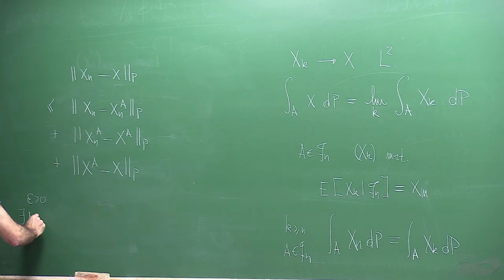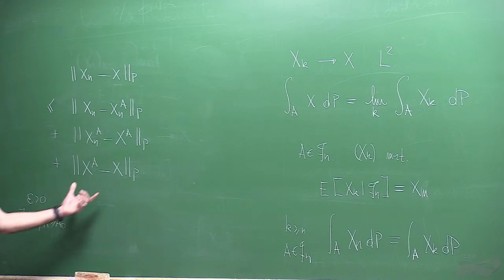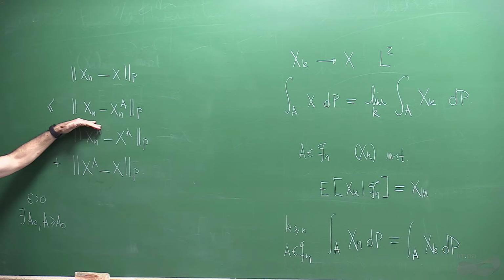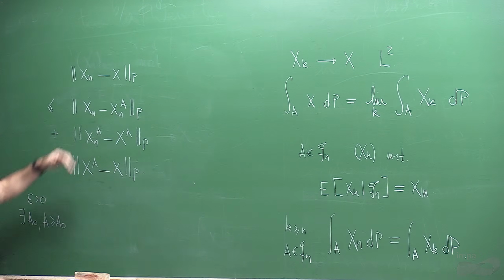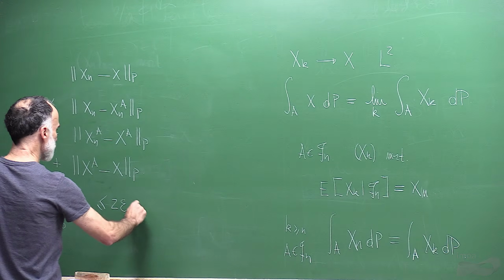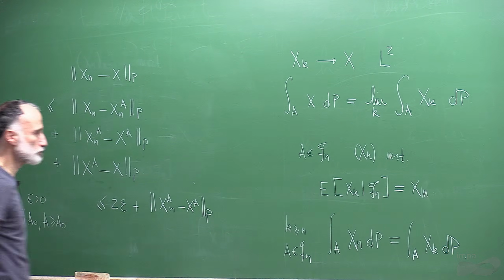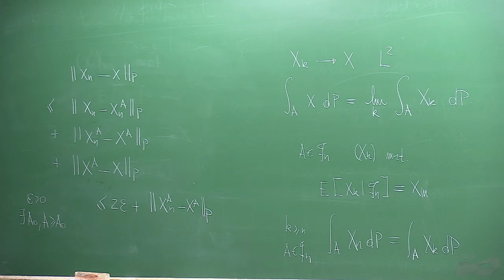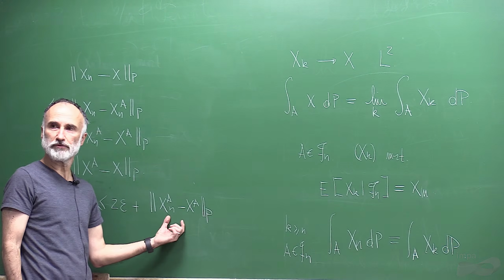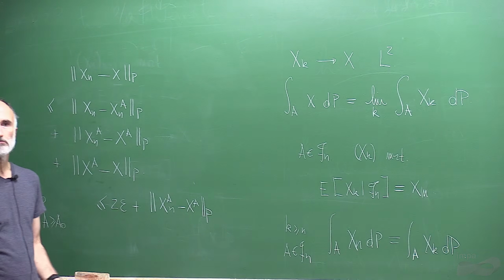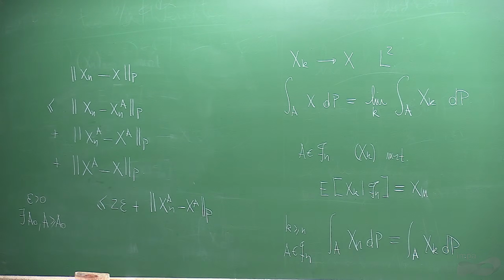I obtained this a0, starting from which this is bounded by epsilon, but we proved that if this is bounded by epsilon, then this one is also bounded by epsilon. This is just what I proved. So these two are bounded by 2 epsilon, and then I still have xan minus xa. But now, because xa is bounded, I can use the result for bounded random variables and say that when n converges to plus infinity, for that fixed epsilon, this goes to 0. So that limit is bounded by 2 epsilon for any epsilon. Therefore, it's 0. And that proves the theorem.